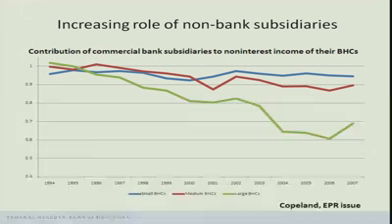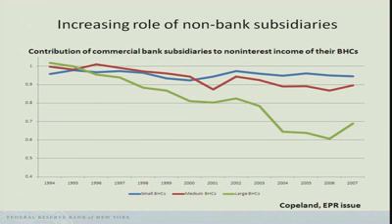Where is the income coming from? This is analysis from call report data focusing on the income statement. This is from another paper, Copland, also in our EPR issue. The lines here are showing the contribution of commercial bank subsidiaries to the total income of the bank holding company.